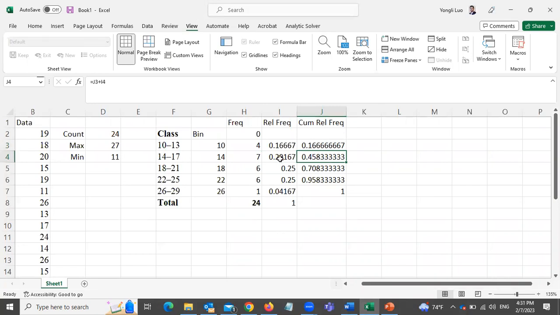Then apply that formula all the way down. The $ sign is only for the total you divide by, the number you don't want to change. When you put the $ sign, that number is fixed.